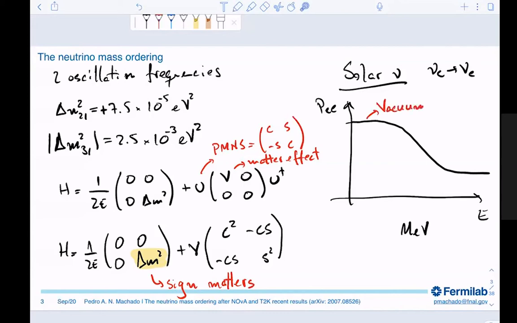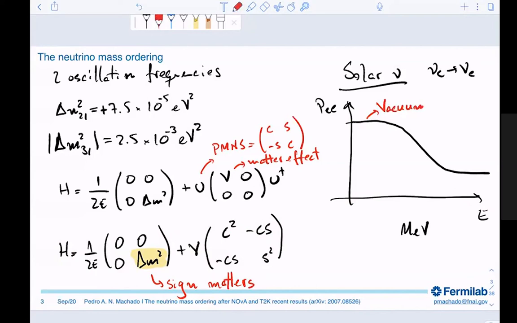So basically, whenever the energy is very small, this first term, because it's 1 over energy, becomes much larger than that one. So you say that the matter doesn't really matter. So you're doing oscillations in vacuum, and this is what you would observe with solar neutrinos.